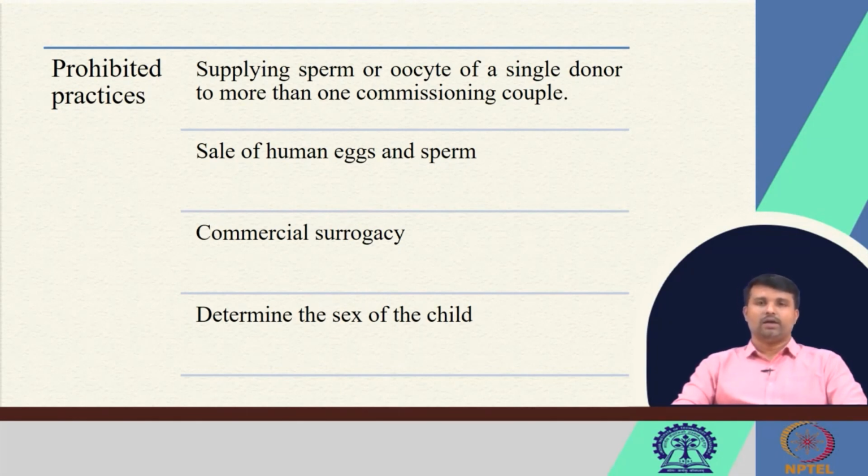Commercial surrogacy is also regulated under the Surrogacy Act of 2021. The commercial surrogacy is prohibited and is also a punishable offence in India. Similarly, determining the sex of the child is also prohibited and is also a punishable offence under various legislations in India.